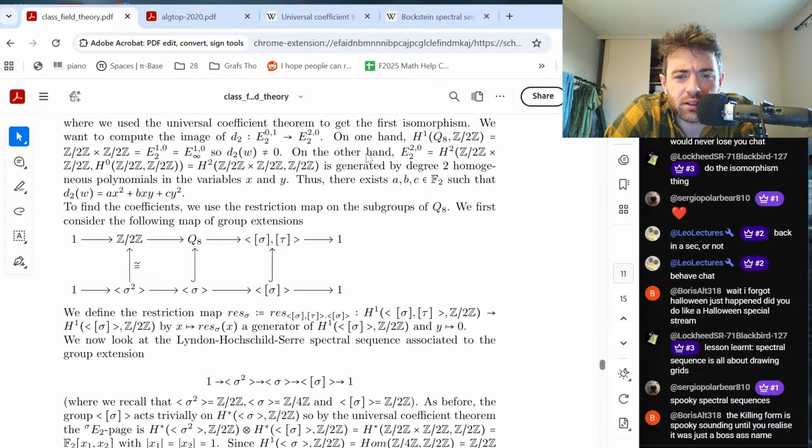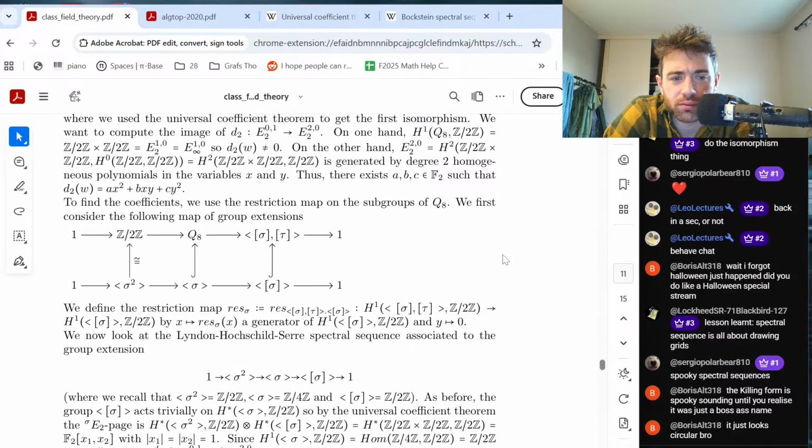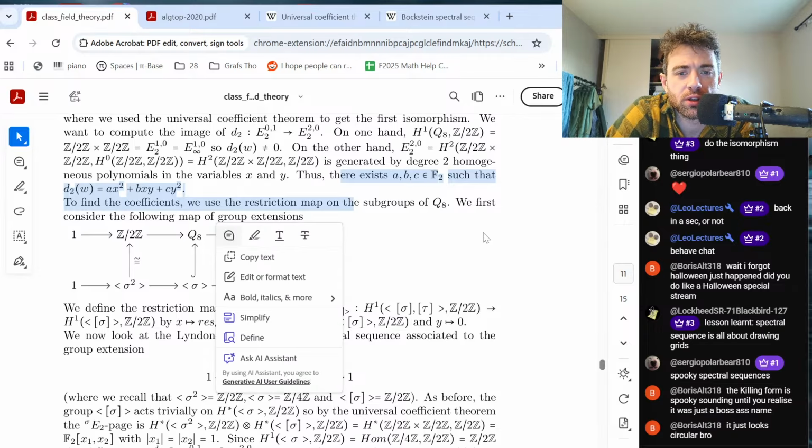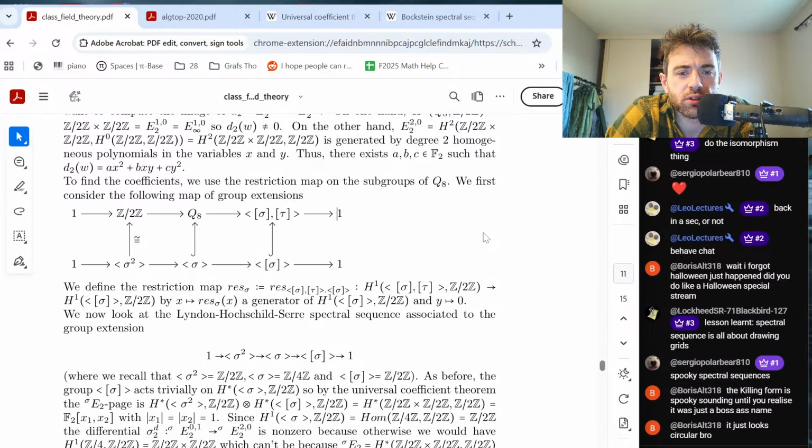On the other hand, E2 here is equal to this thing, generated by degree 2 homogeneous polynomials in these variables. To find coefficients... Yeah, I'm not convinced that this is non-zero, but the fact that it's non-zero could come out of this next step, because this next part does make this part of the argument make sense.